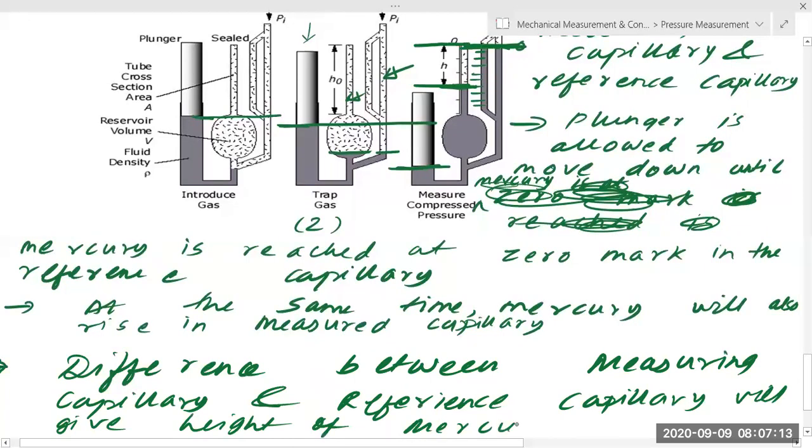And this height of mercury column will be the indication of the pressure of the fluid, correct? Suppose this is the difference. Whatever is the fluid, the height of the mercury column will indicate the pressure of the unknown fluid.